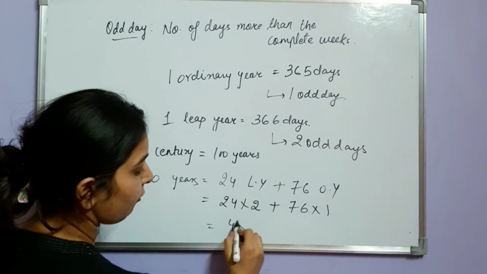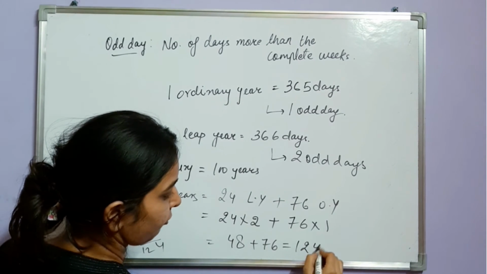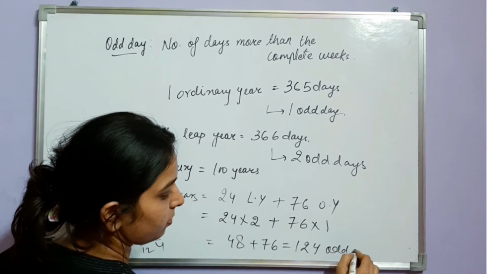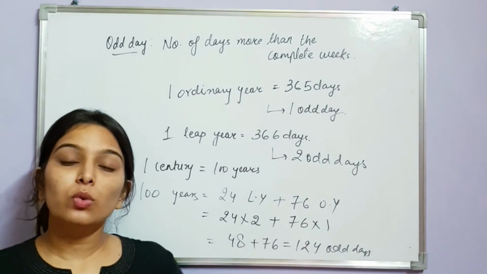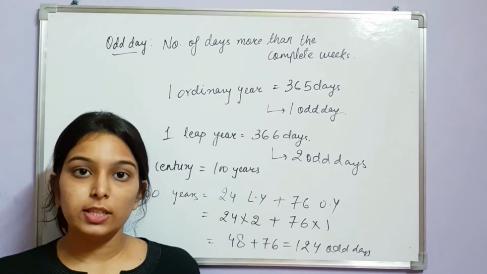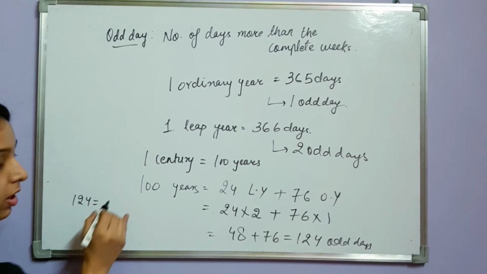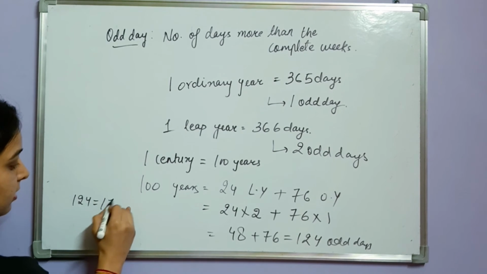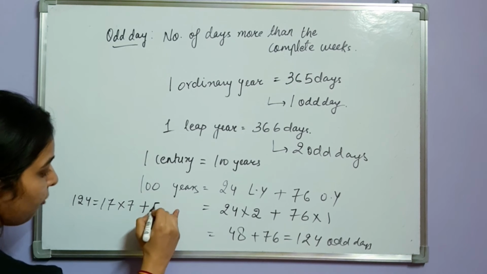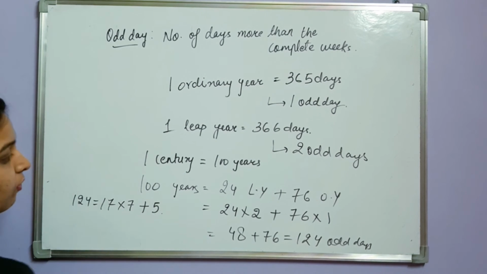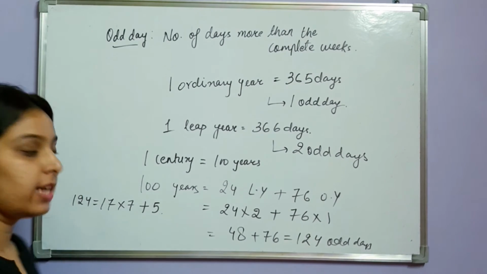This gives us 48 plus 76, that is 124 odd days. But now these odd days can be included in making weeks again. This means 124 can be further broken down into 17 into 7 plus 5. That means we will have 5 odd days in 1 century.